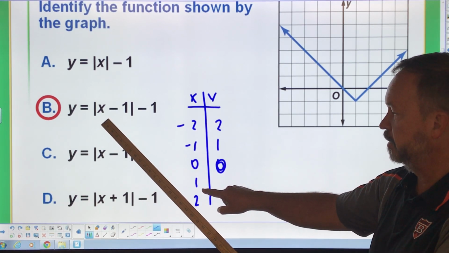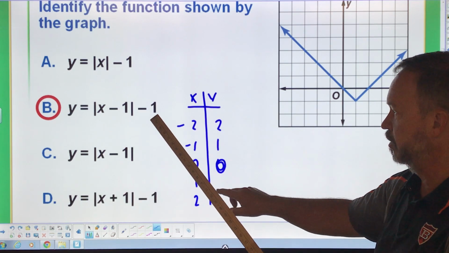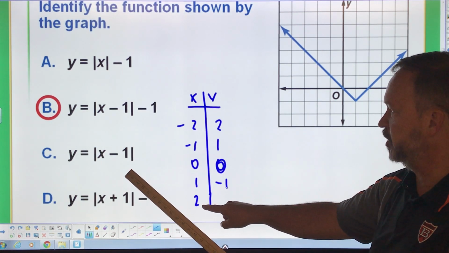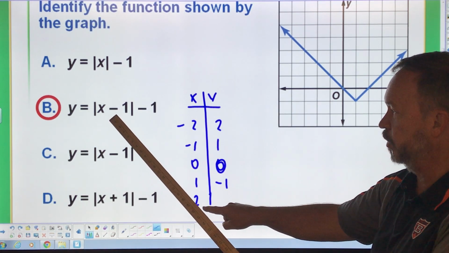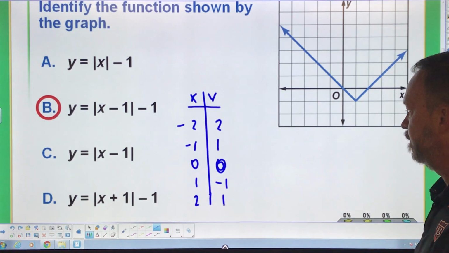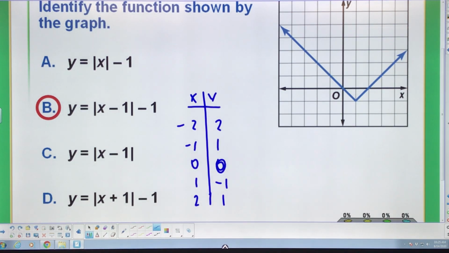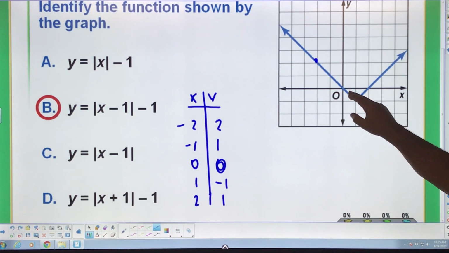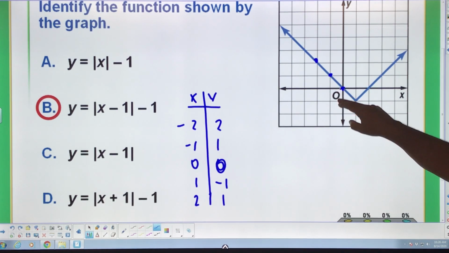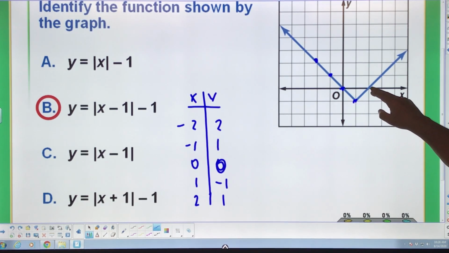Put 1 in there, you get 0, minus 1, is -1. You put 2 in there, you get 1, minus 1, is 0. And so if I graph those, I have (-2, 2), (-1, 1), (0, 0), (1, -1), (2, 0).